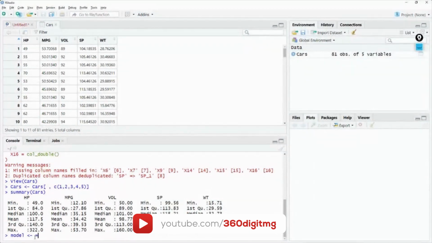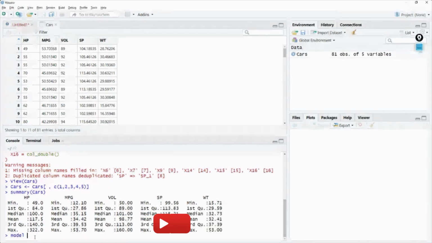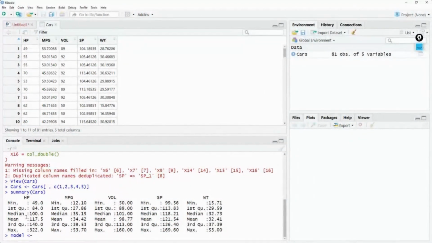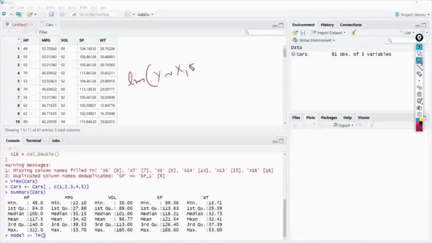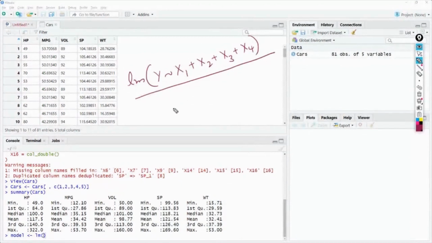Let me try this. I'm going to assign a linear model. Whenever you want to run a linear model, you say y tilde, and if it's multiple linear regression, it's x1 plus x2 plus x3 plus x4. Linear model of x1 plus x2 plus x3 plus x4.